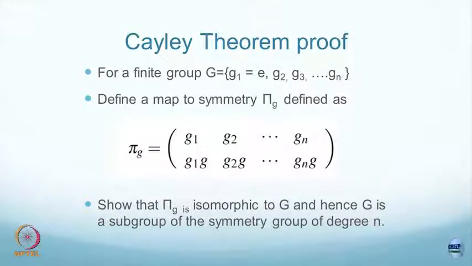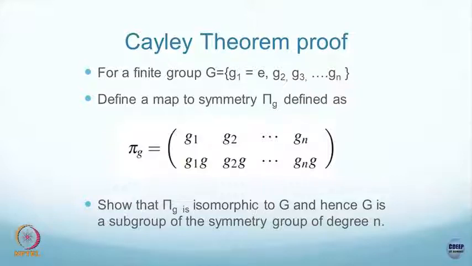Cayley's theorem says that any finite group will be isomorphic to a subgroup of the symmetric group of degree n. So, what we will do is take these n elements to be the n objects in the permutation, in the symmetric group, and we define a map.